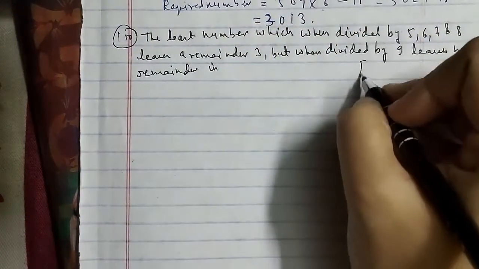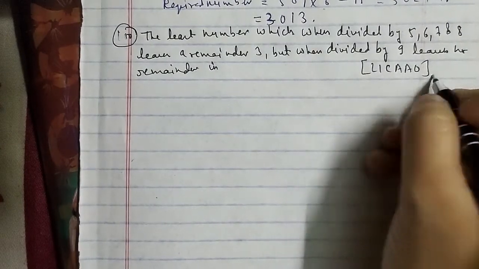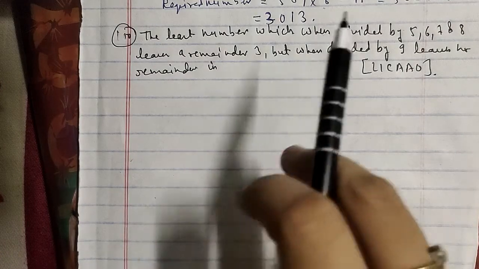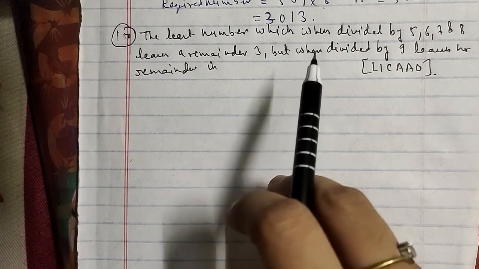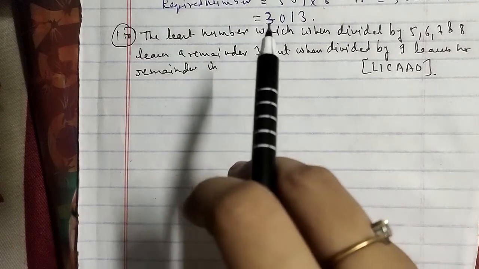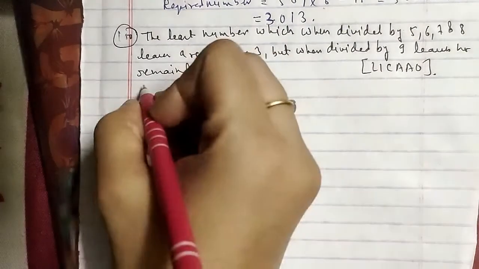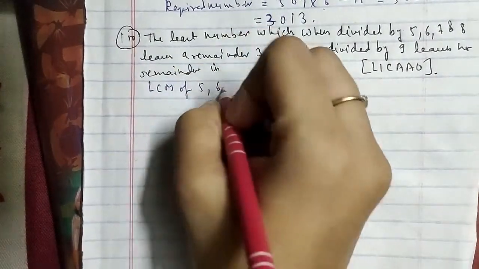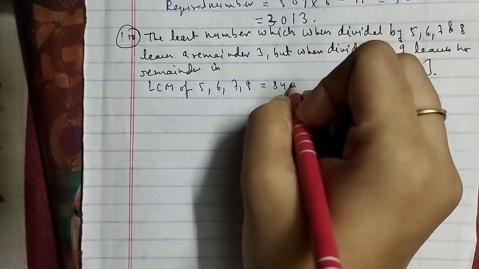This has been asked in LIC AAO examination paper, and the options, as I told you, are 1677, 1683, 2523 and 3363. So we go ahead as follows. LCM of 5, 6, 7 and 8 equals 840.